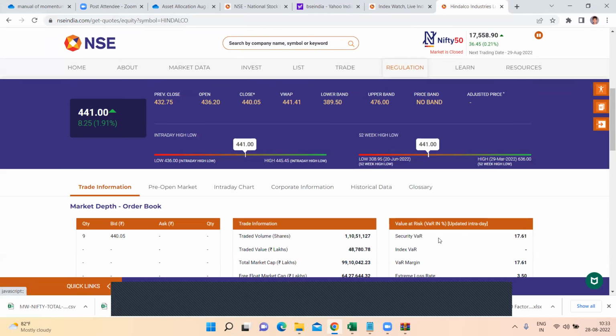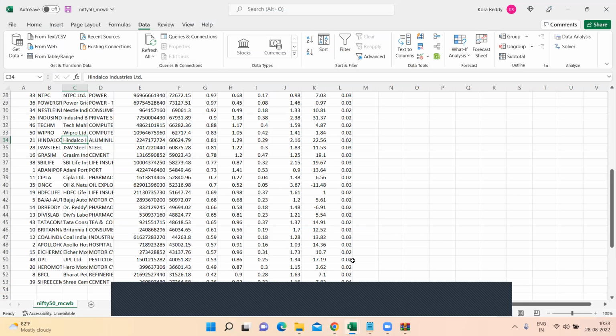See, Hindalco total market cap is way less than Coal India. But still, Hindalco has higher weightage. That's because it has a higher free float. Right. So Hindalco is 34 versus Coal India at 47.